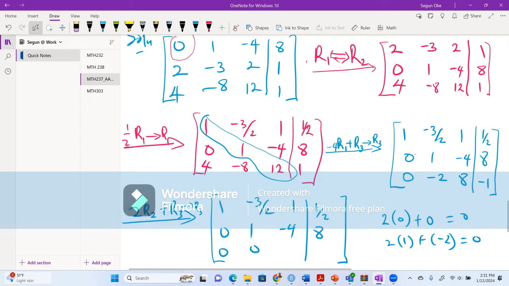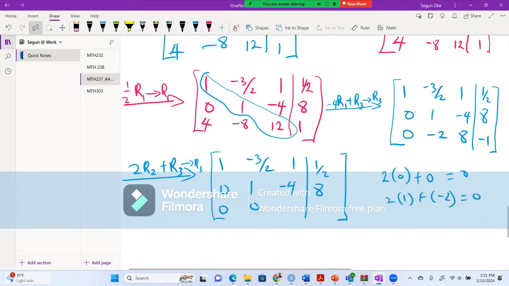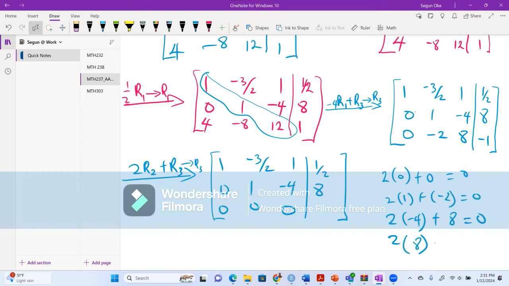But now let's look at the other side. We have 2 of -4 plus 8. We still have 0, so we have 0. Now, the last point will be 2 of 8 minus 1.